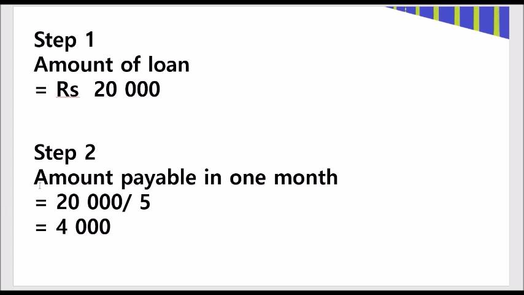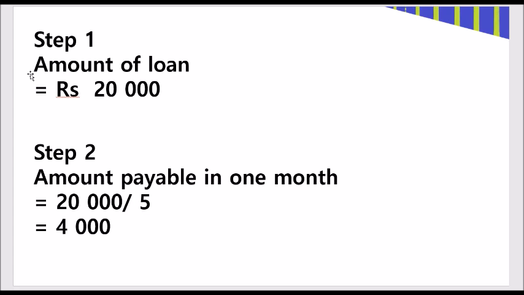Look at that slide. You can see step 1, the amount of loan equals 20,000 rupees. Step 2, amount payable in 1 month. As in the previous question, you have to divide the amount of the loan or principal by the number of months.